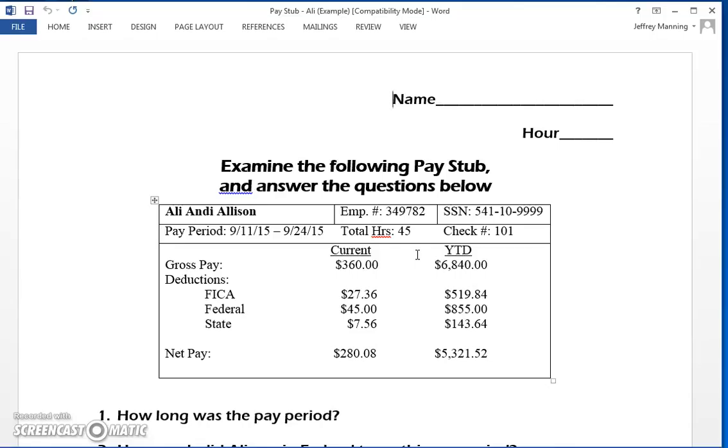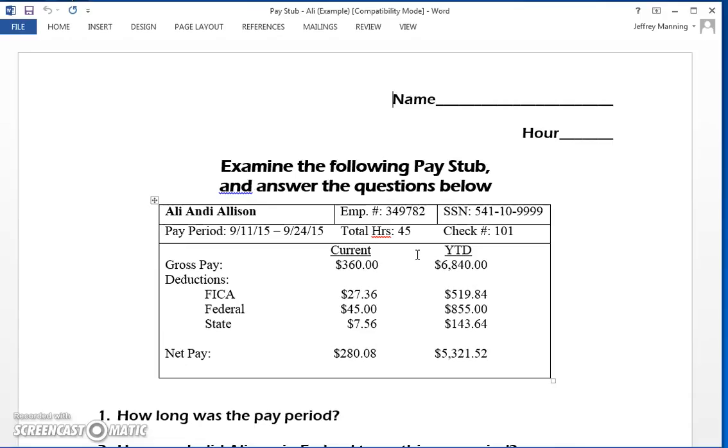So even if you get direct deposit or if they give you a payroll card or some other form of payment, they still have to show you how much money you earned, and really more importantly, they have to show you how much money was taken out of your paycheck for taxes.